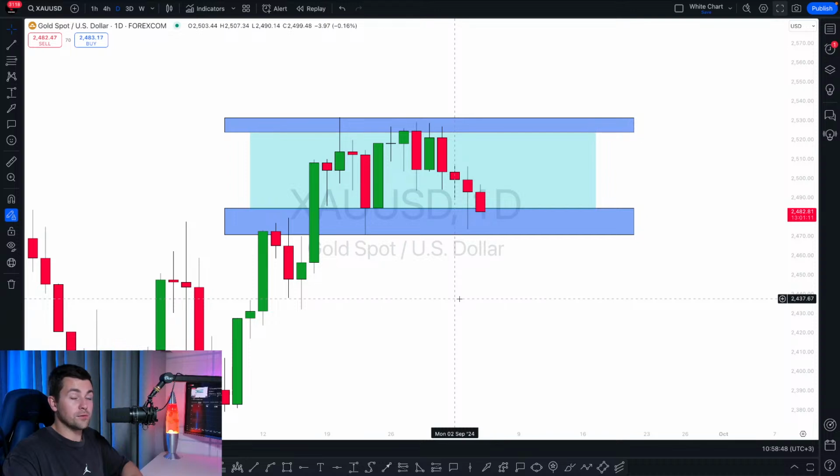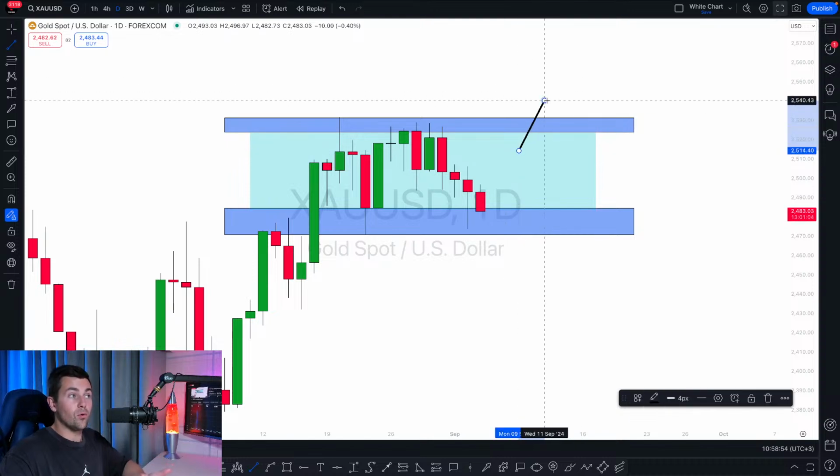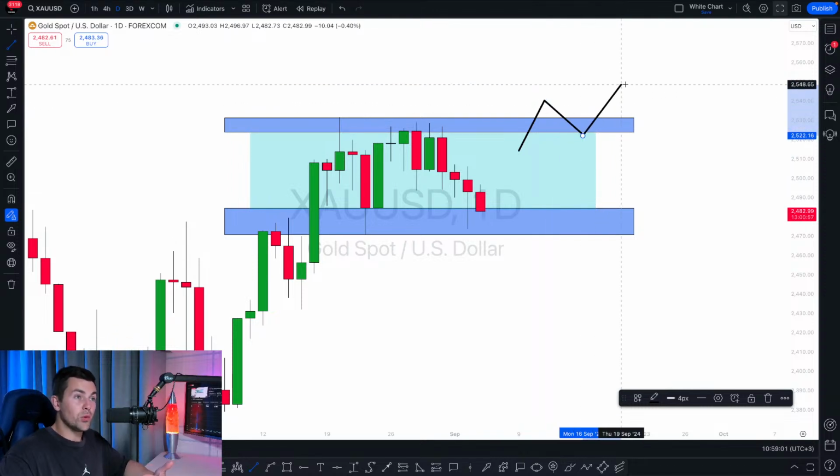So if you're looking for a strong bullish signal on gold, you should clearly look for a bullish breakout of the resistance of the range. If a daily candle closes above that, we can anticipate more growth, and I guess then the market will reach the 2550 level. It will be the next goal for the buyers.